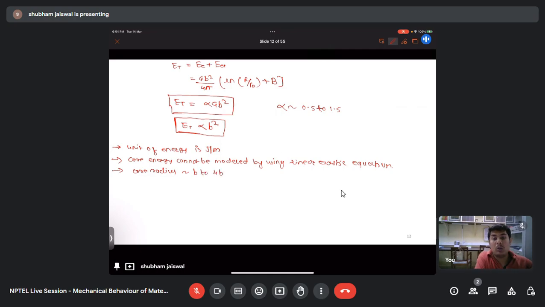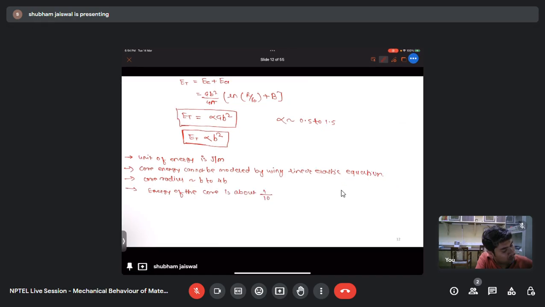The energy of the core is about 1/10 of the total energy of the dislocation.